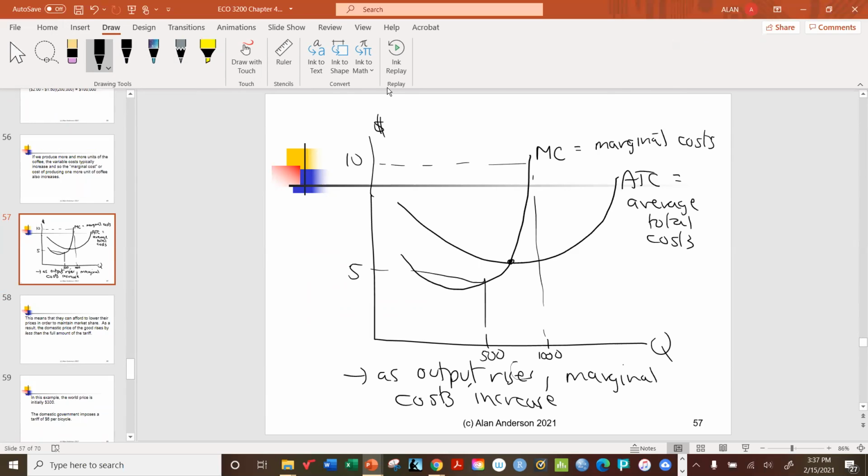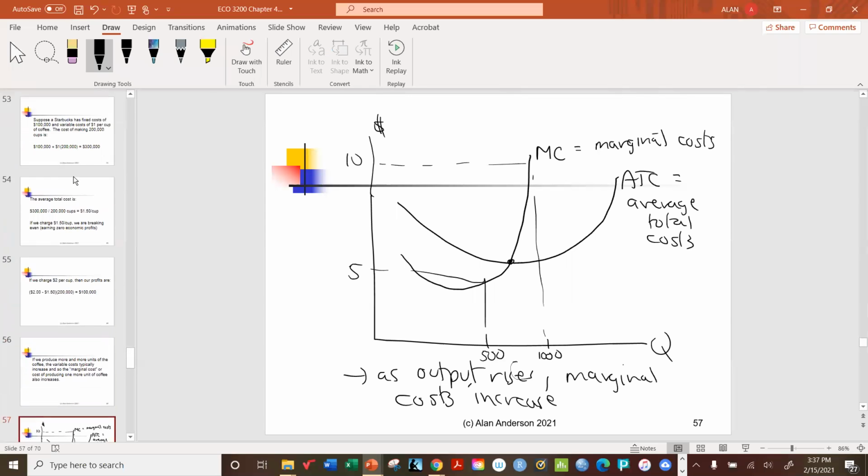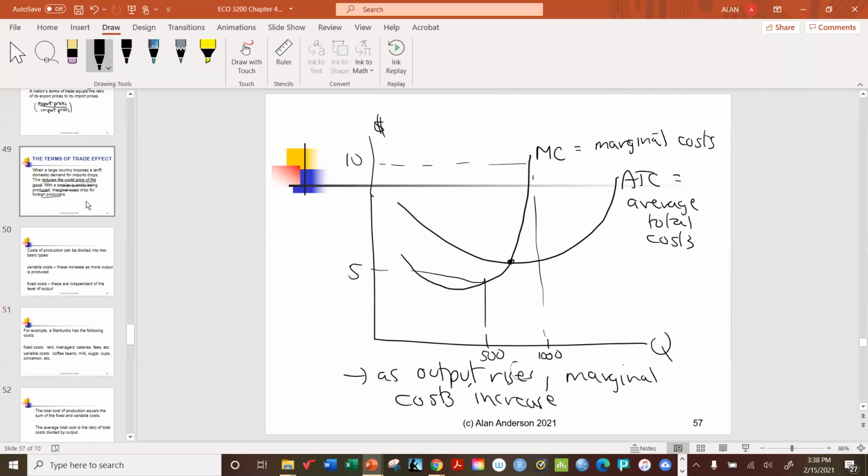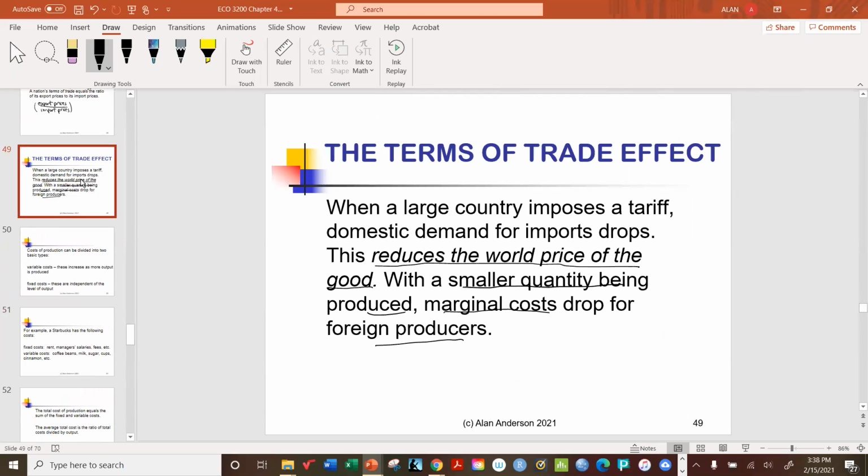It's actually becoming cheaper to produce this good because we don't have these enormously rising marginal costs. So what that's saying is that if the large country imposes a tariff on foreign countries, because of our clout, because this is going to affect world prices, output falls in the rest of the world, prices drop, but then so do marginal costs of production.